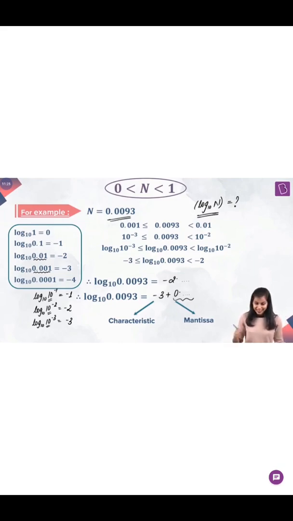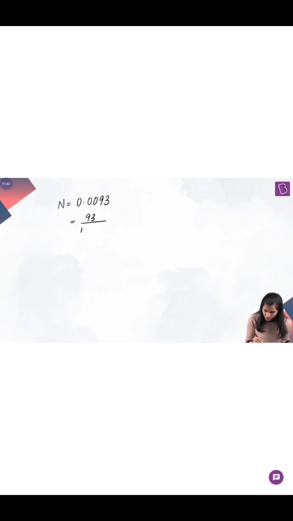But again, in this entire long method, there is a hidden shortcut of getting the characteristic. What is that? Wait, before I reveal that to you, let's understand how to compute the characteristic of this given input in a more explicit fashion. So this is an alternative way, okay? 0.0093 can be written as 93 upon 10,000.